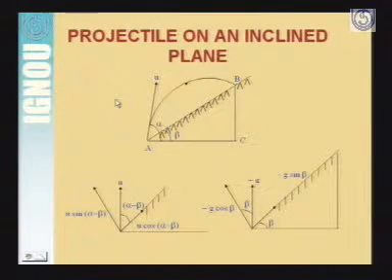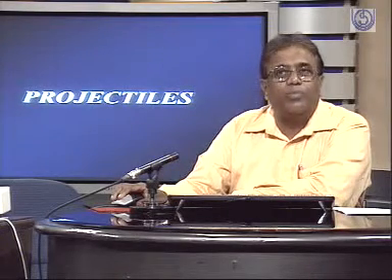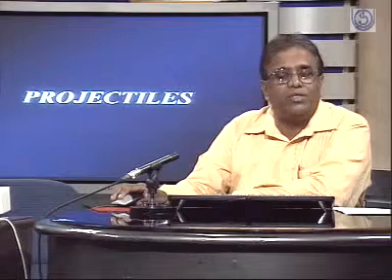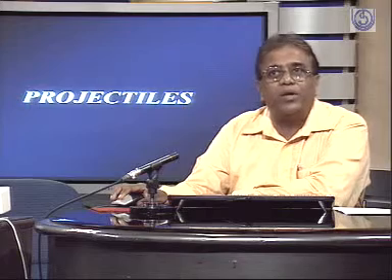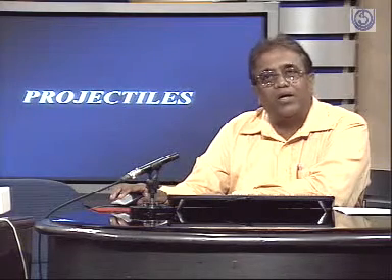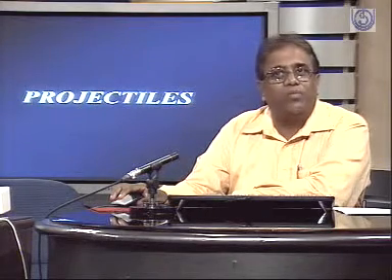In the previous case we took the components of the velocity in two directions: in the horizontal direction, that is u cos theta, and in the vertical direction, u sin theta. But in this case we will resolve the velocity vector into two components, one along the inclined plane and the other perpendicular to the inclined plane.